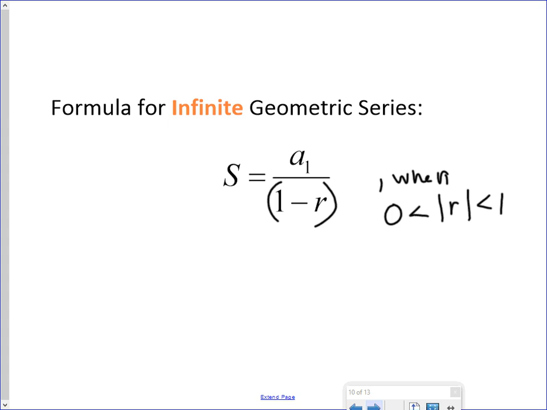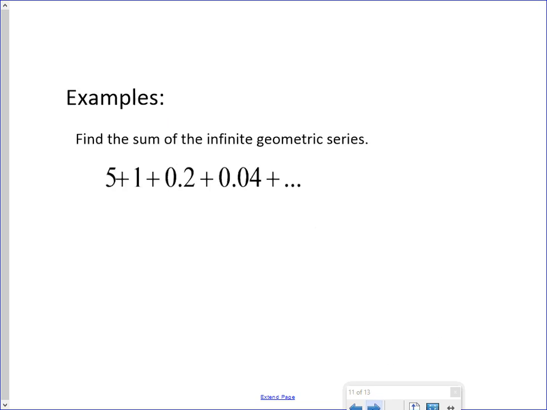And eventually when I get closer and closer, the numbers I add are so small that you don't even notice them. So I'm approaching some number. But that only happens if the ratio is a fraction. If I'm doubling the distance that I walk, I just keep walking further and further, and it approaches positive or negative infinity.